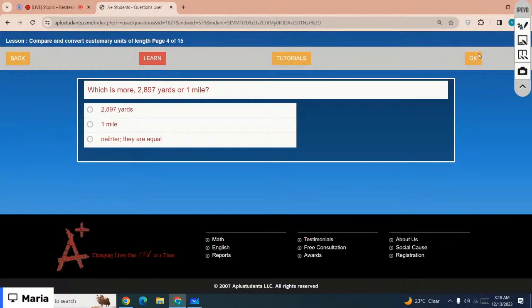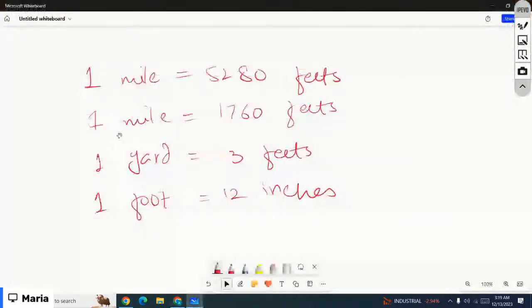Which is more, 2,897 yards or 1 mile? Which is the correct option? 1 mile equals 1,760 yards, right?